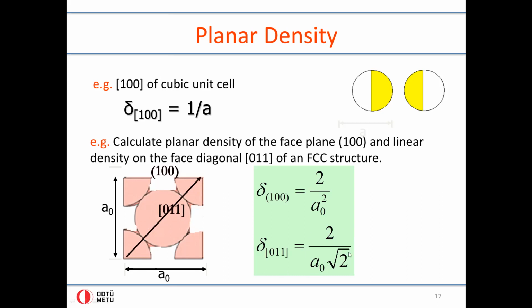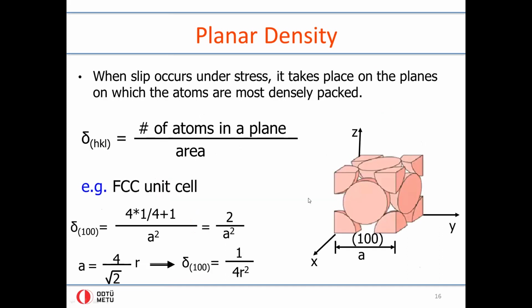So this is the linear density, and the density of the plane is given as 2 over a naught squared, because you have 1/4, 1/4, 1/4, 1, a total of 2 atoms divided by this area. So notice that this is the same as what we'd seen on the earlier slide.